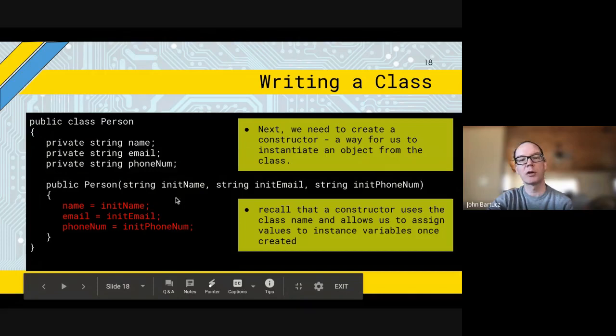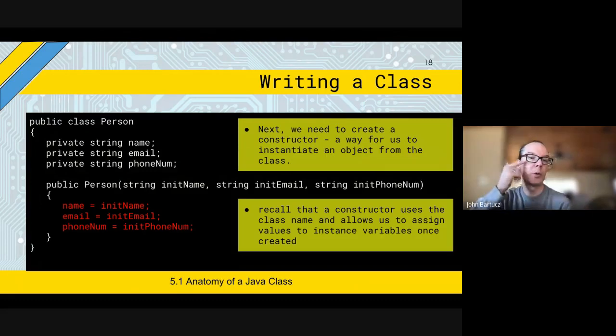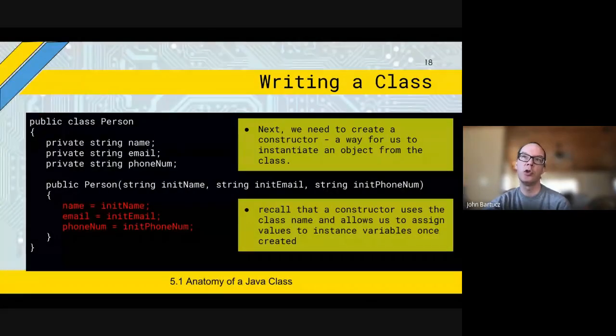So what this constructor is doing is taking init name and storing it in this property name, in the private property. So when you create a new person, you have to send it a name, an email, and a phone number, and it'll store that in your new object.